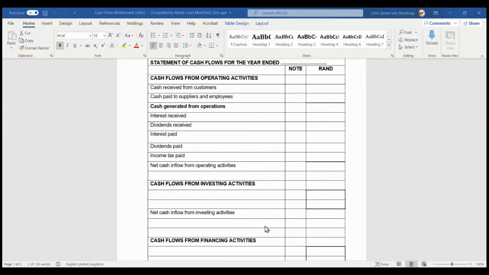Now, if you can give me maybe just two examples, there are many, but if you can just give me two examples of non-current assets. There we go.